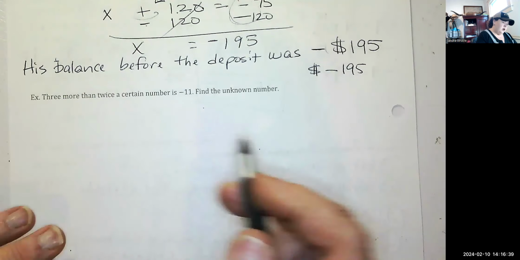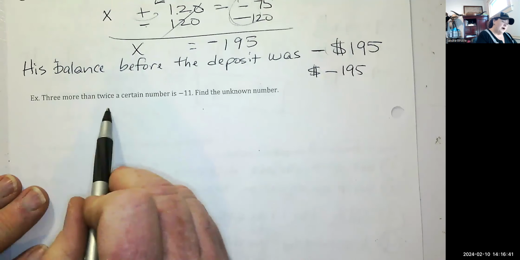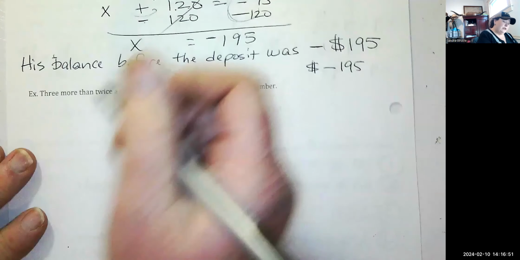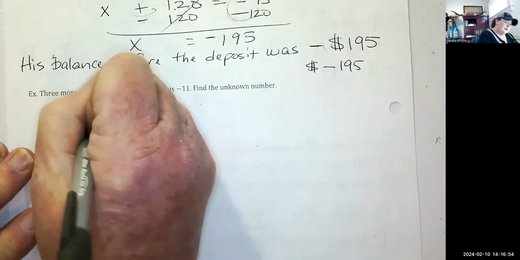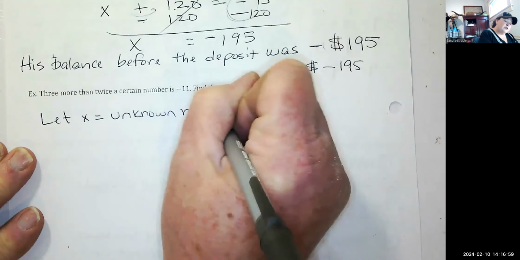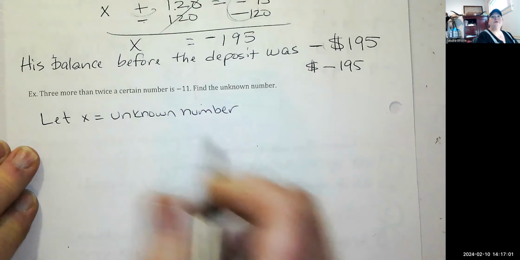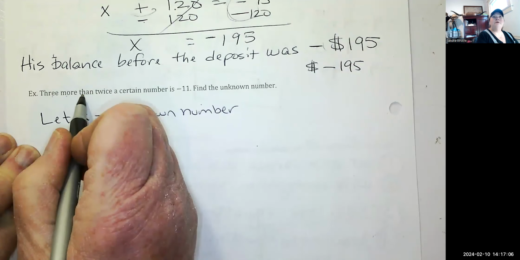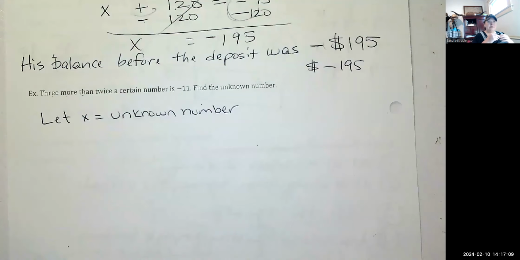It's inaccurate. All right. 3 more than twice a certain number is negative 11. Okay. Find the unknown number. Well, we need a dictionary, so we're going to let X equal our unknown number. I could choose any variable or sign, but we'll just go with X. And 3 more than. So that means if you have something, that means you've got 3 more than that.